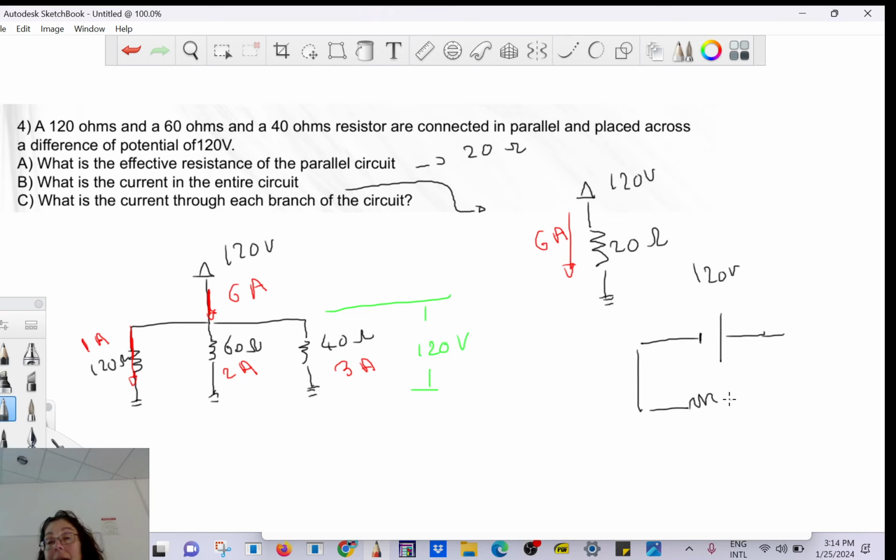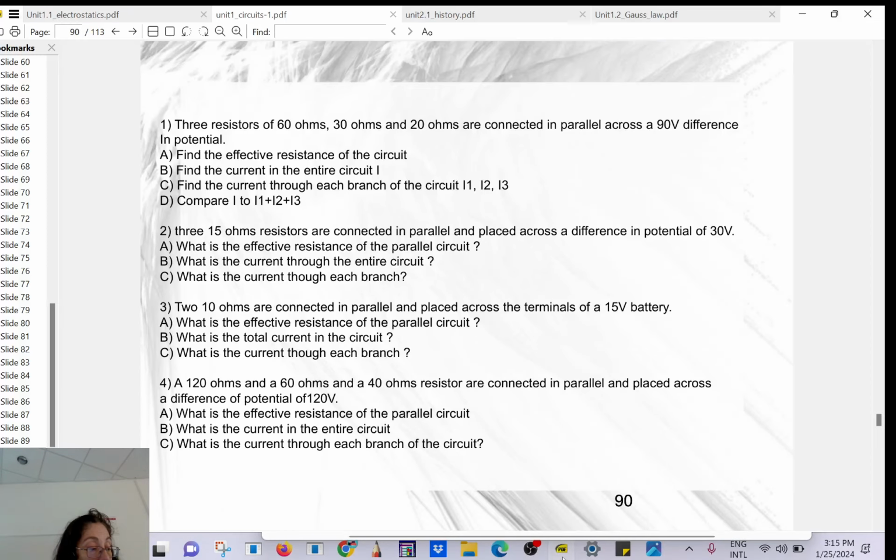And you have 3 loads. Maybe you have a hair dryer, you have your audio system, you have your laptop, and each one of them drains as much current as it needs according to its resistance. So everyone is happy. Any question?